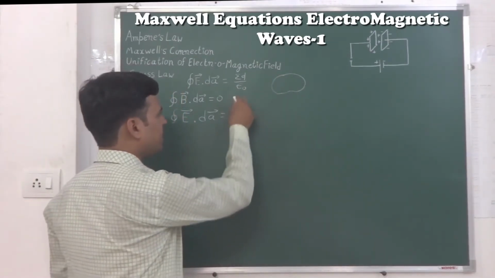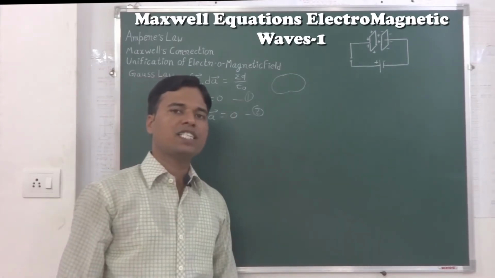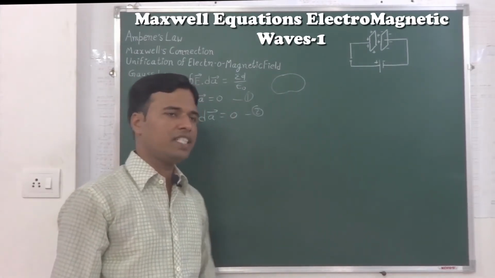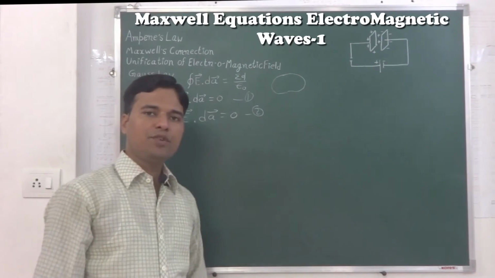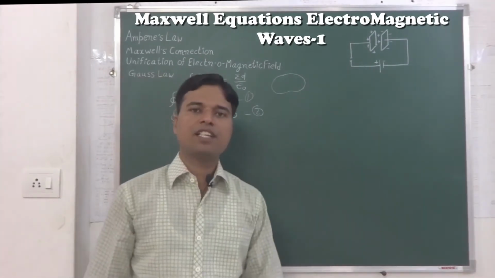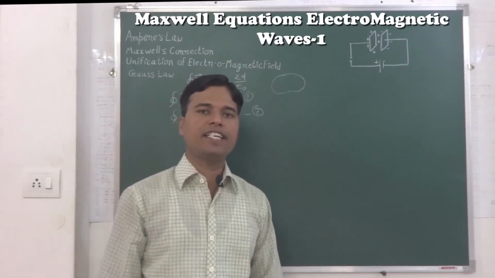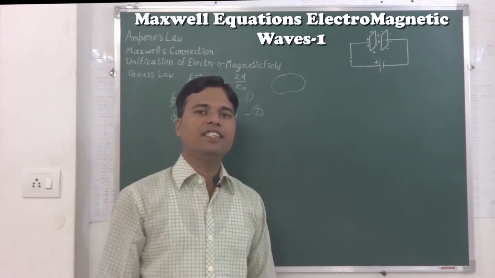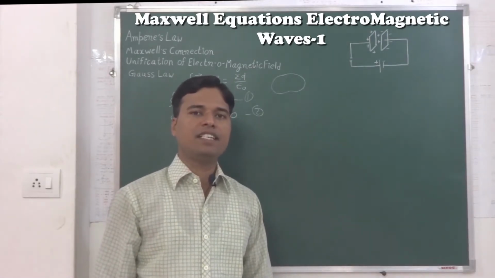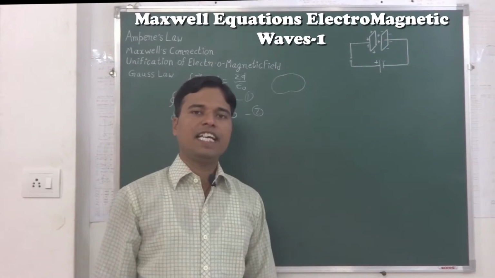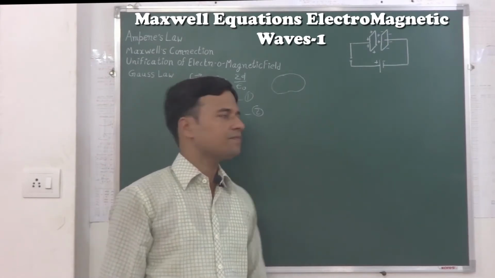In that condition, these two equations are very much similar to each other. That is the beauty of physics. James Clerk Maxwell was the first scientist who tried to find the mathematical similarities between electric and magnetic field.